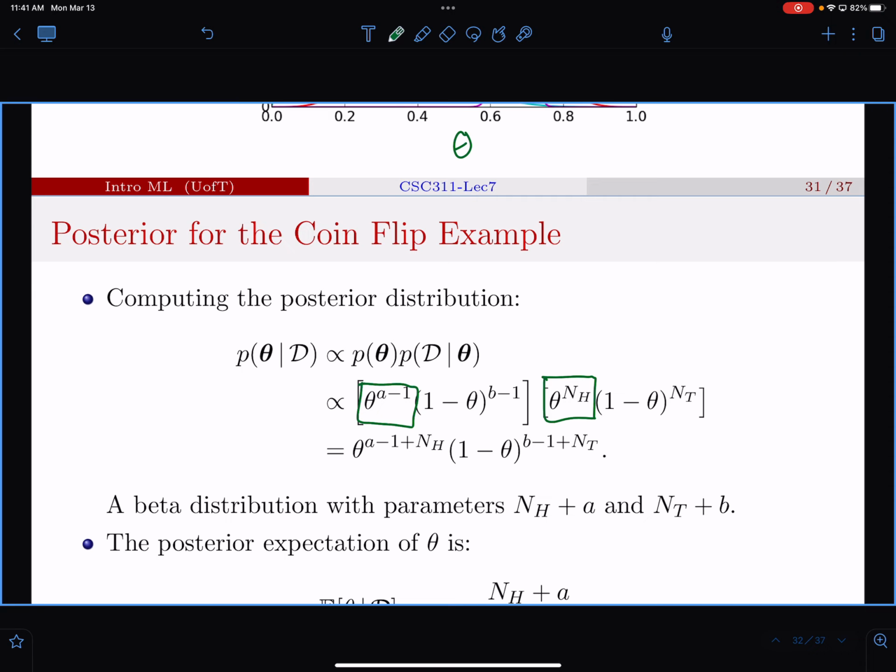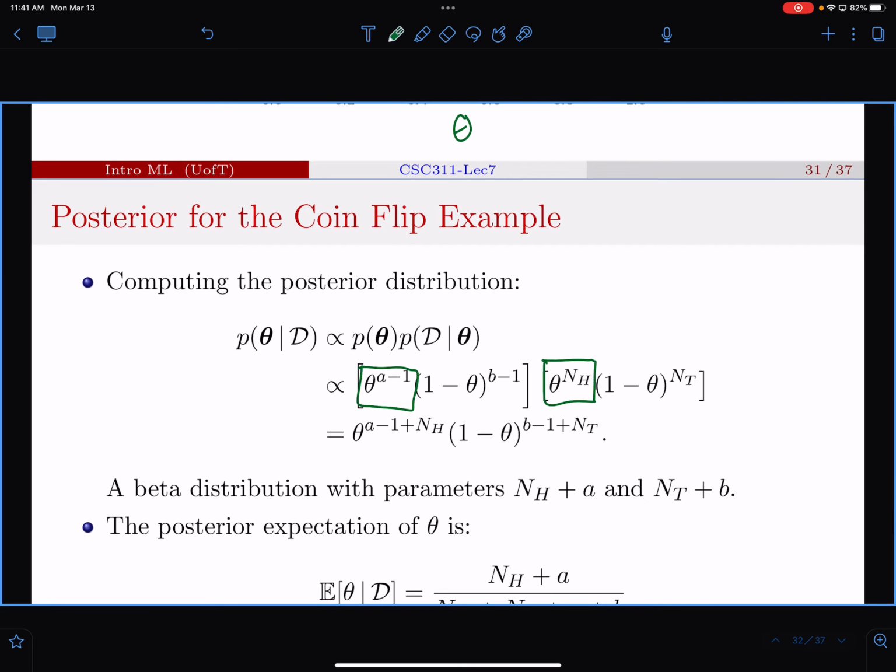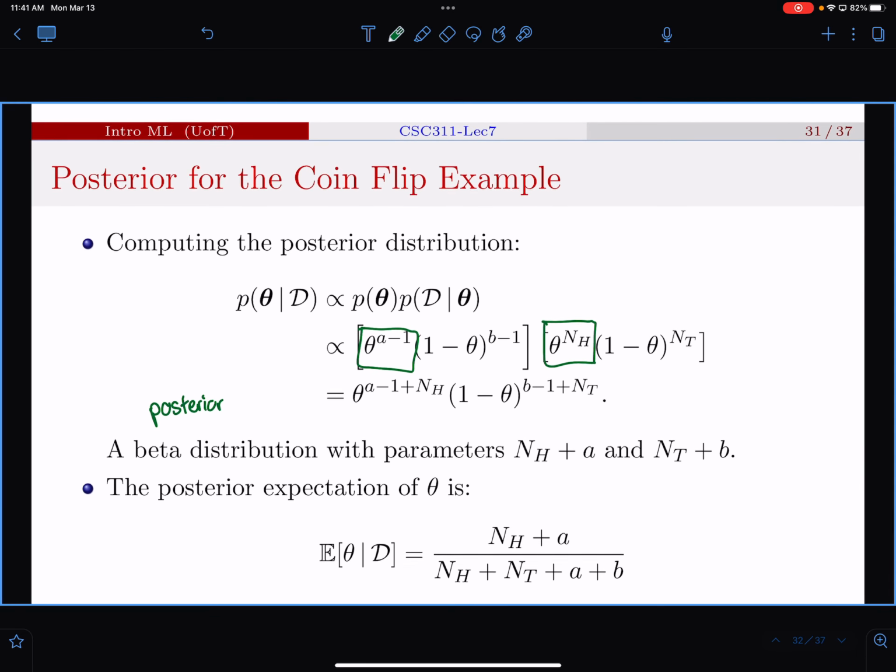Similarly, you can collect the (1 minus theta) power terms together, and it collapses into a single term as well. So our posterior is also going to be a beta distribution, because it's proportional to theta to some term times (1 minus theta) to some term.